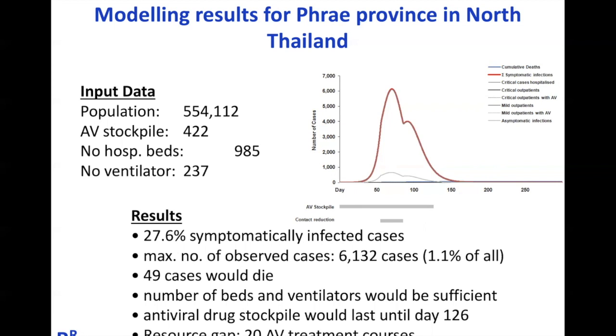And the results of this model for this province show us, hey, a quarter would be symptomatically infected cases. The maximum number of observed cases would be this number, and 49 cases would die. The number of beds and ventilators would be sufficient, but the antiviral drug stockpile would last for most of this epidemic, and the resource gap would be antiviral treatment courses. Some additional ones would be needed. So this province in the north of Thailand at that time was pretty well prepared for a flu pandemic.